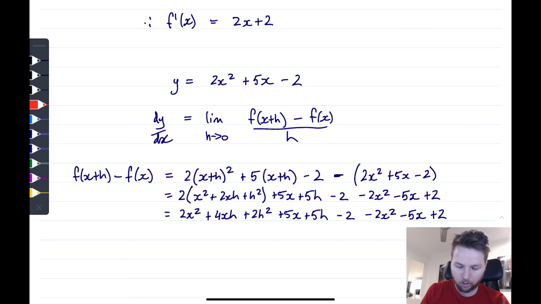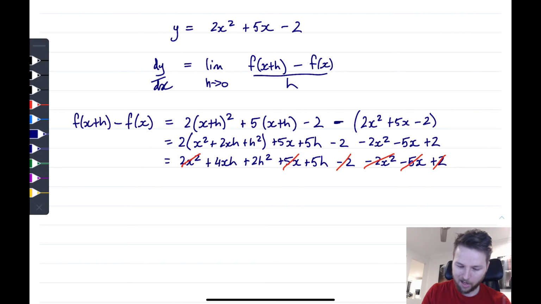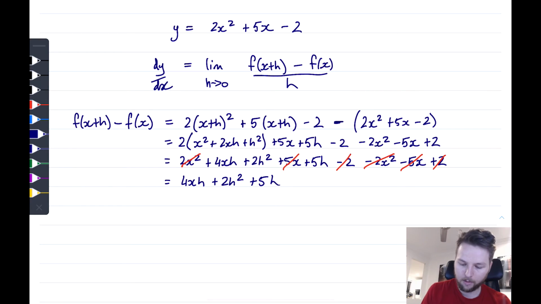So we've got a 2x squared and a negative 2x squared. That's going to disappear. We've got a positive 5x and a negative 5x. We've got a negative 2 and a positive 2. And that looks like it. So we can say that our numerator is equal to 4xh plus 2h squared plus 5h.